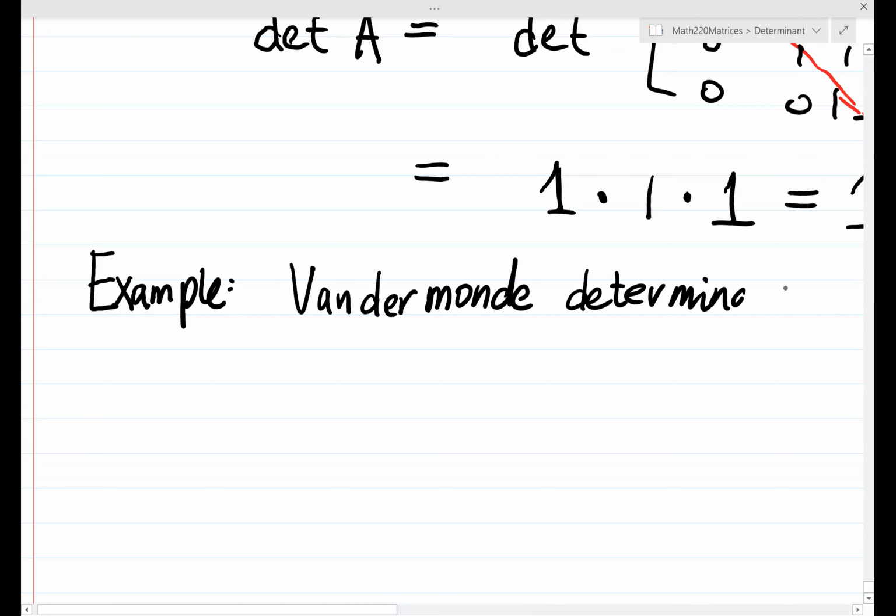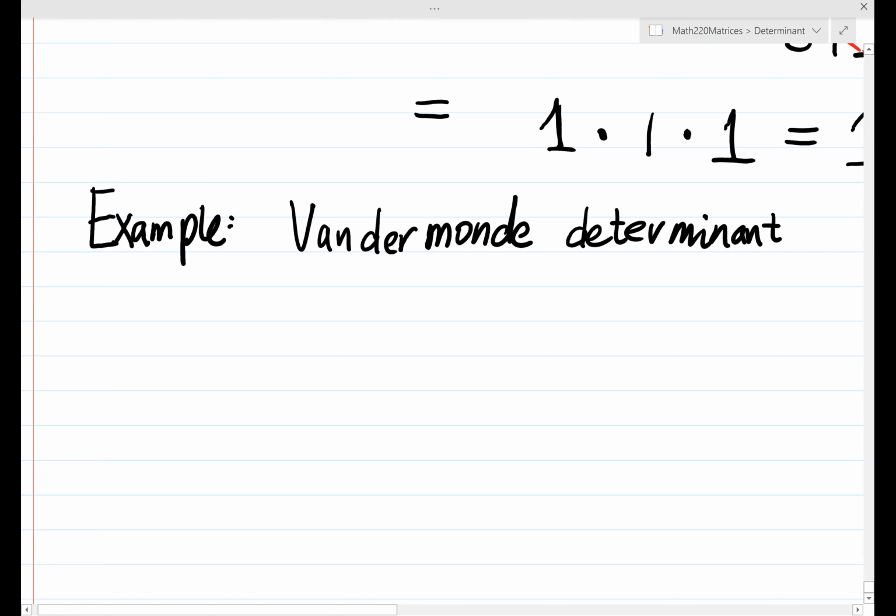Now you see, it is named after one person, usually this means this thing is important. So here, for easier computation, we just do 3 by 3. Of course, you can find the 4 by 4, n by n Vandermonde determinant.